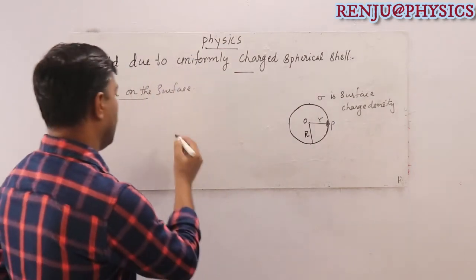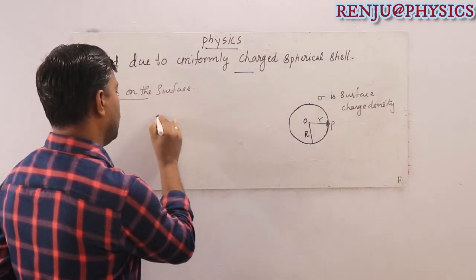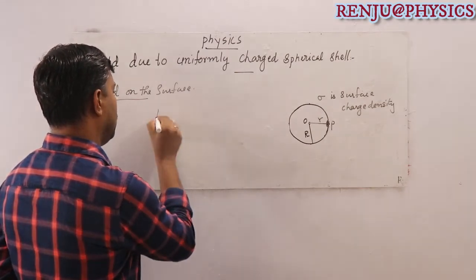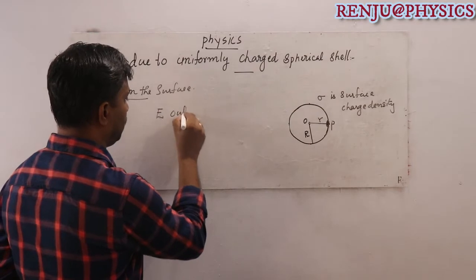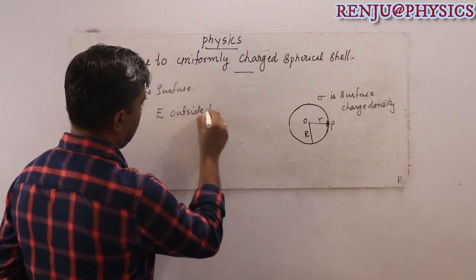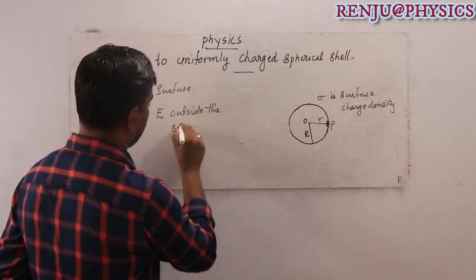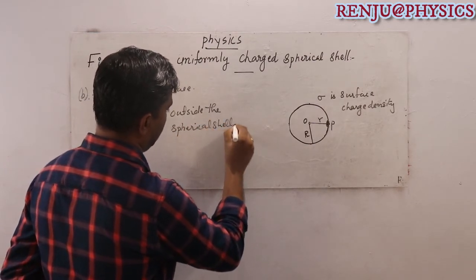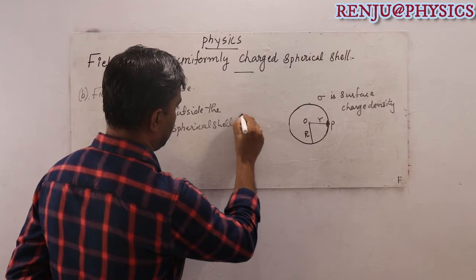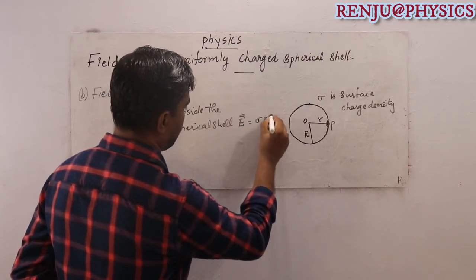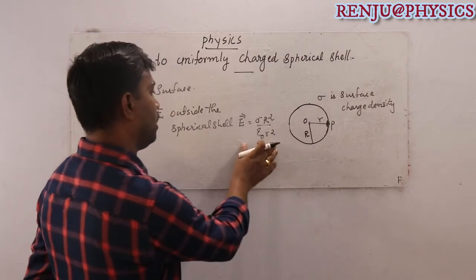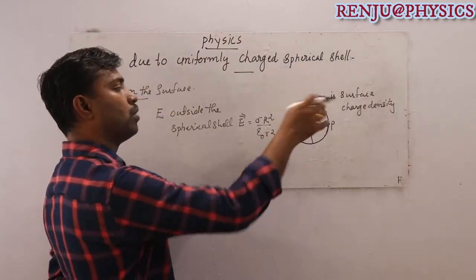That is given by E outside the spherical shell, E vector is equal to sigma R square by epsilon 0 r square. So this is the equation for finding the electric field at a point outside the spherical shell.